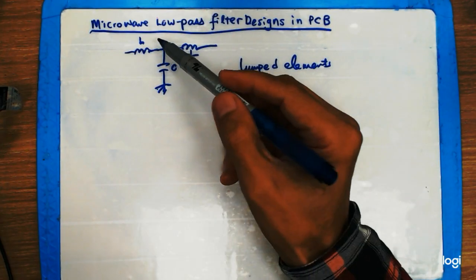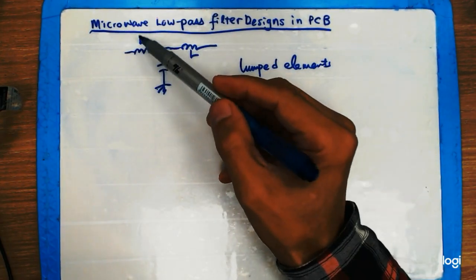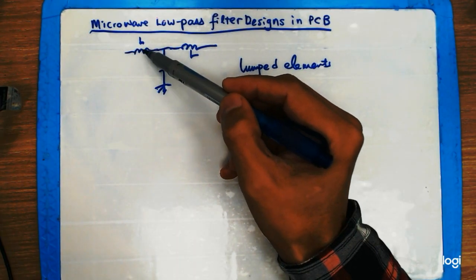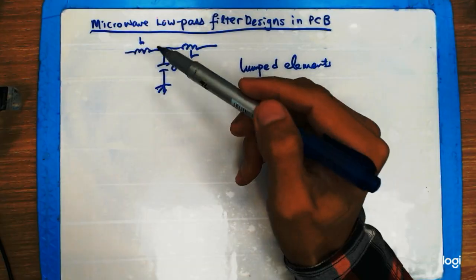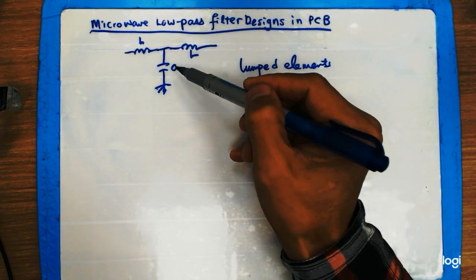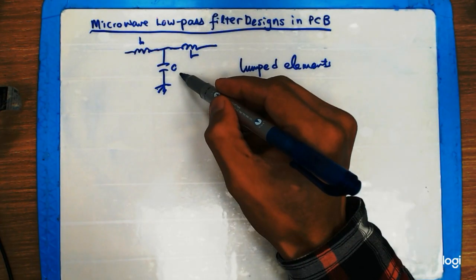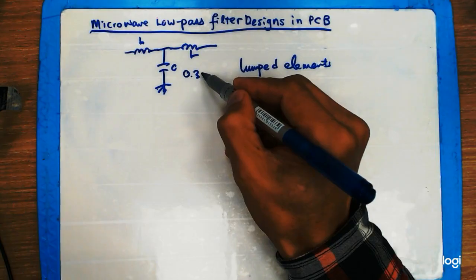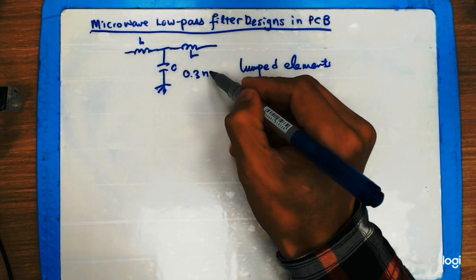First, there is the issue about the availability of components. For example, the capacitor, you may not be lucky enough to get a capacitor with a certain value. For example, 0.3 nanofarads, right?